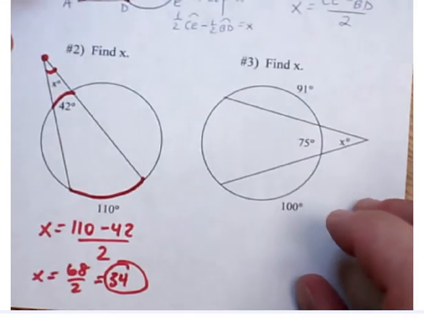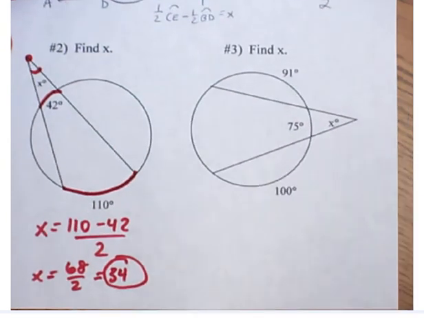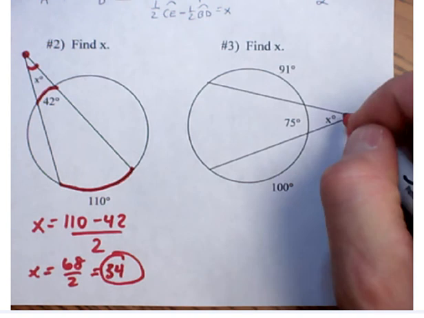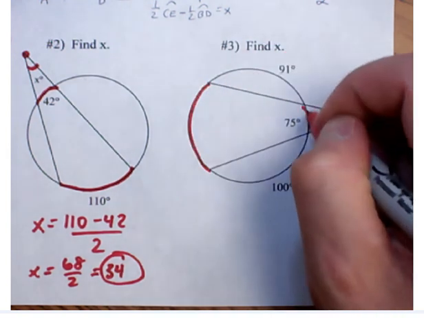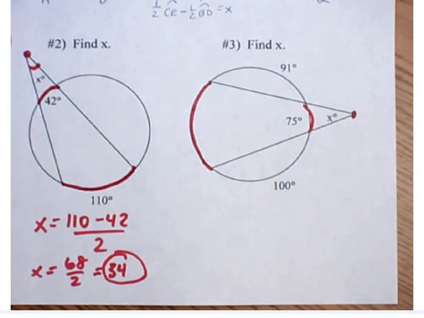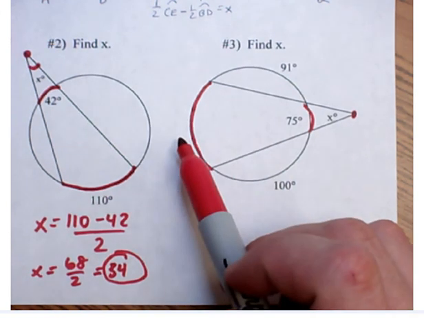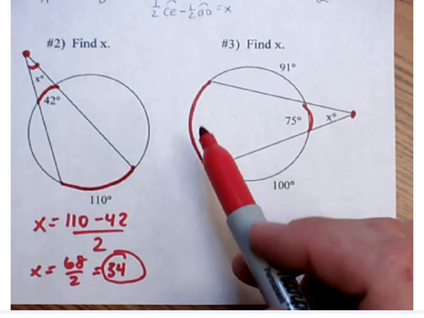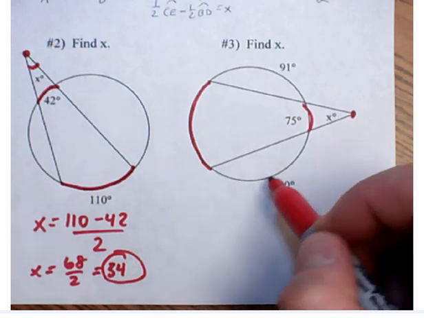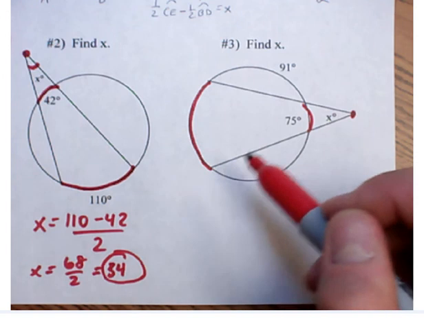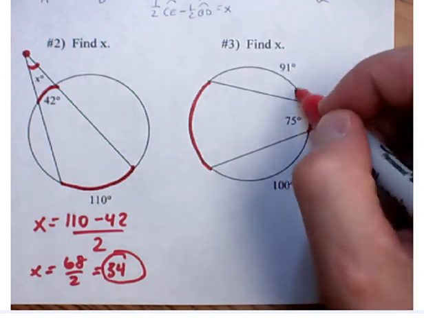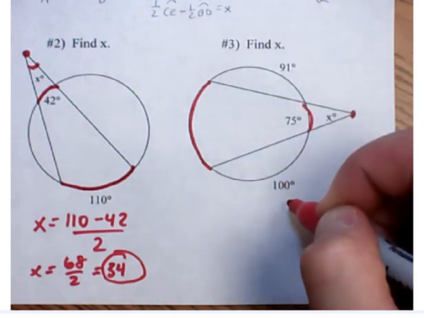And then example number 3. Again, we want to find x. X is outside the circle, so it's the big arc minus the little arc. Uh-oh, we've got a problem this time. Right now, we don't know what the big arc is. It's missing. However, we do know that all the arc measures of a circle always add up to 360, and they give us 91, 75, and 100.